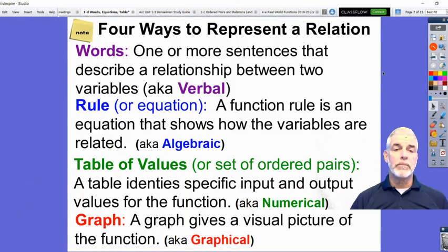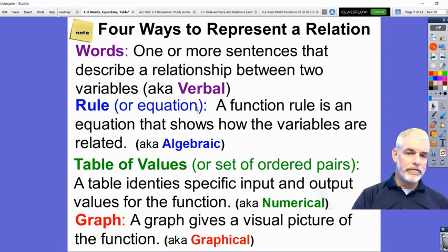So again, in summary here, words, that's the sentences that describe what's happening. Right, so sound travels 1,088 feet every second. That's words. The rule, output variable equals something that happens to the input variable. Okay. The table of values, or your set of ordered pairs, is your numerical representation of the relation. And then finally is a graph.